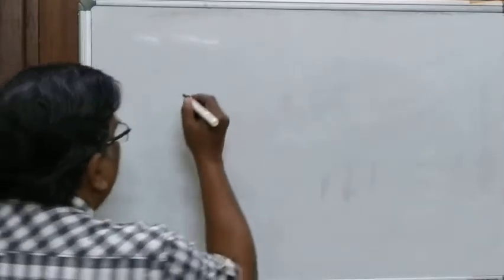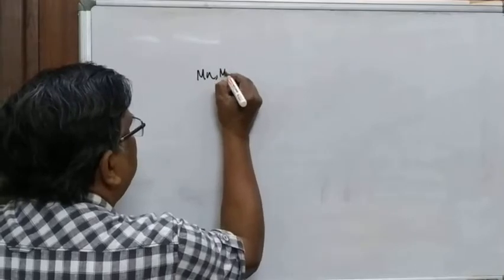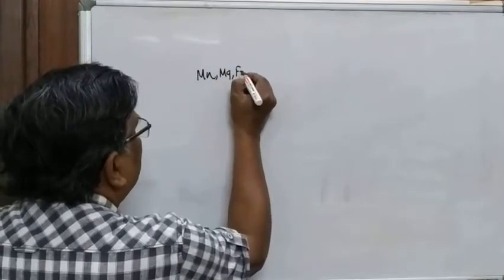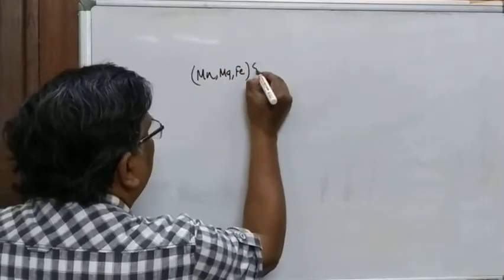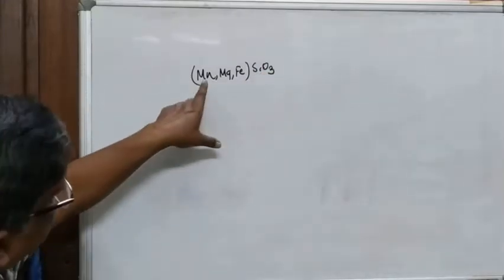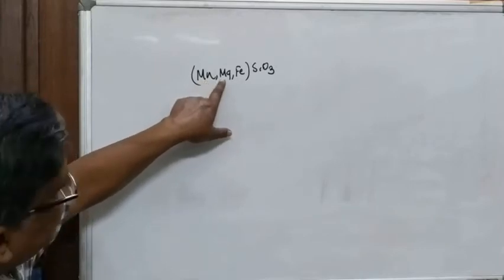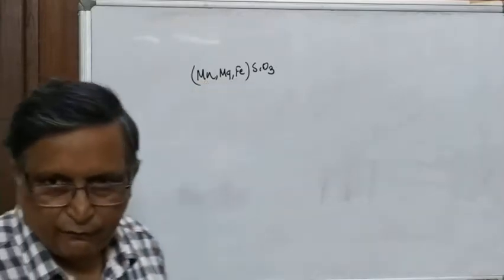Let's say when we are talking of a pyroxene, say MnMgFeSiO3, we know that the ionic radius of manganese is 0.8, magnesium 0.66, Fe 0.74.